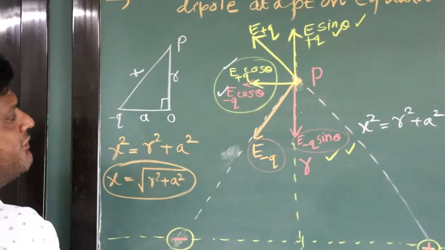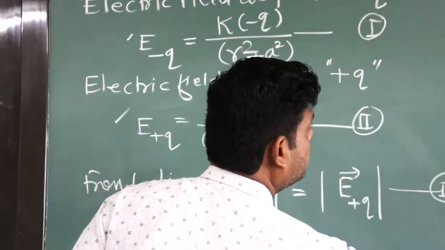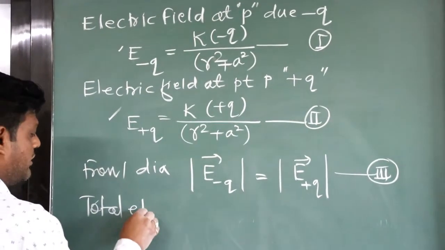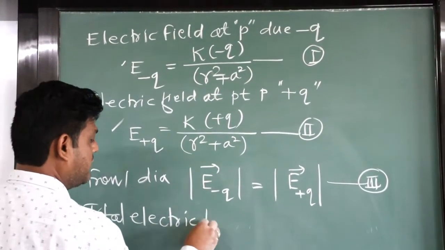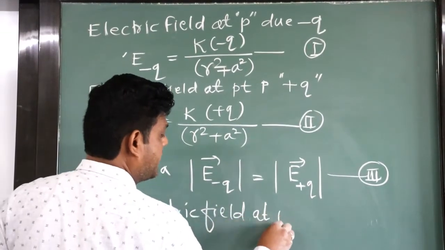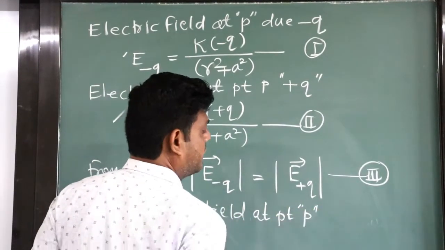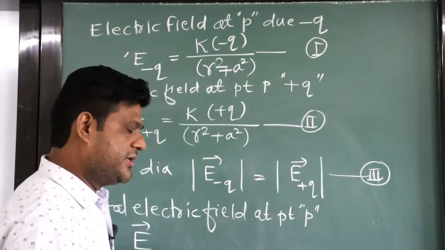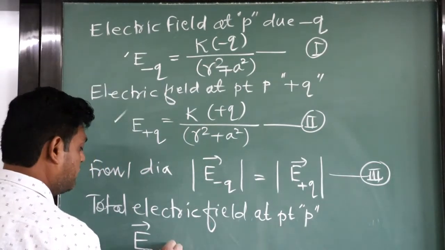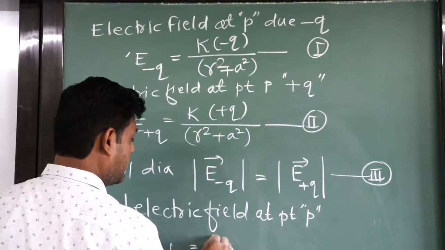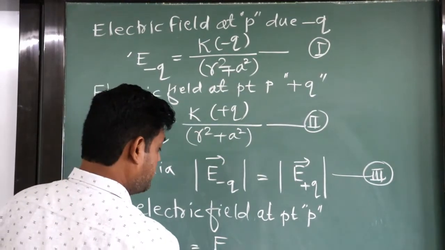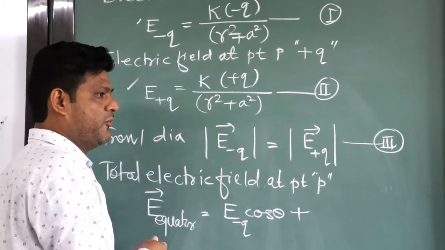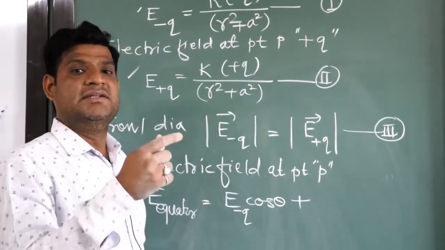The total electric field at point P will be E vector, and since the point is on the equator, we write E equatorial, equal to E minus q cos theta plus E plus q cos theta, adding these two components because both components are in the same direction.